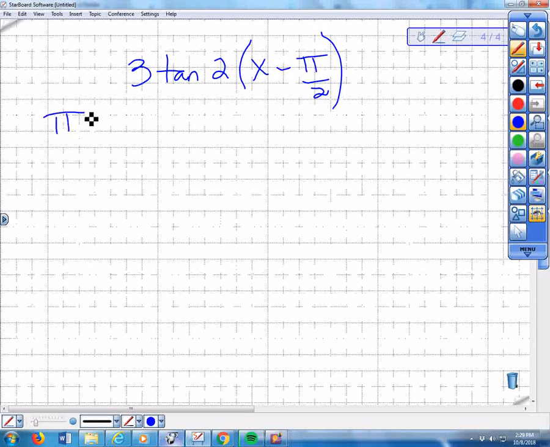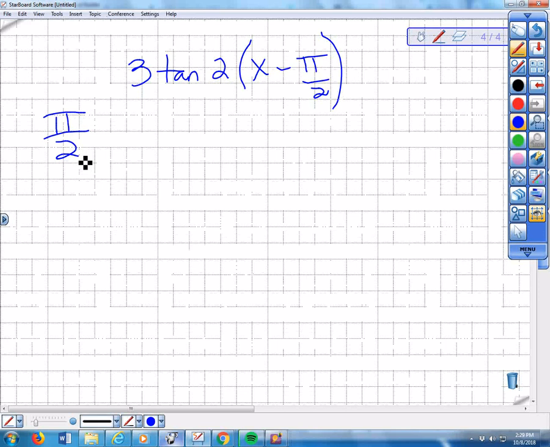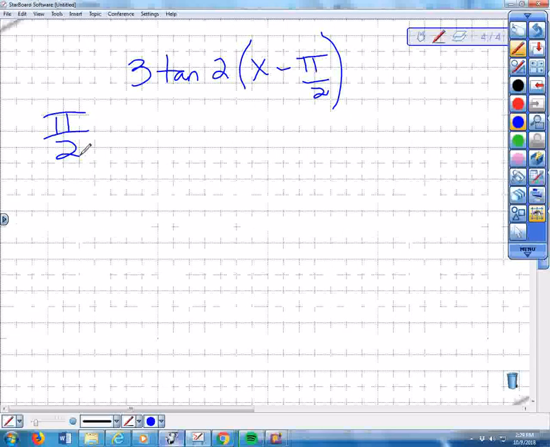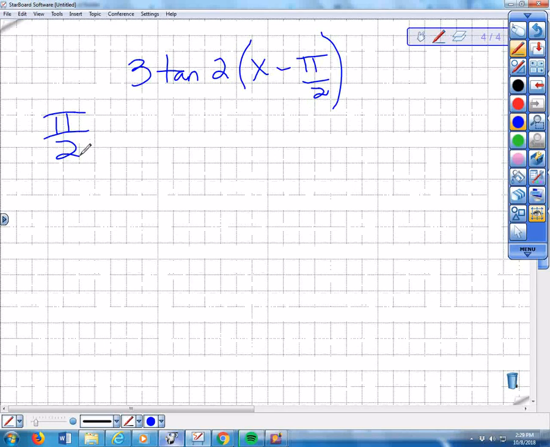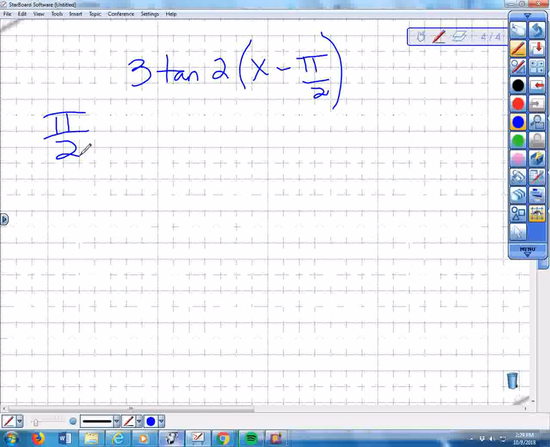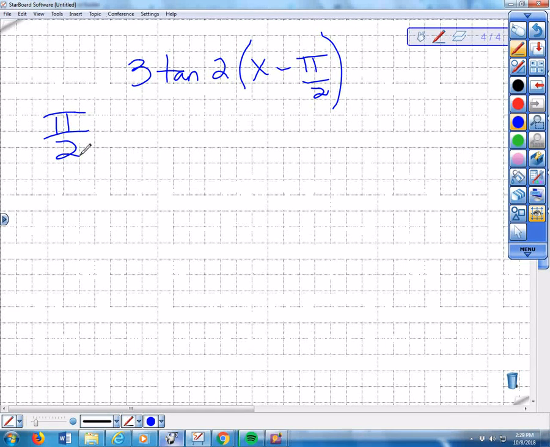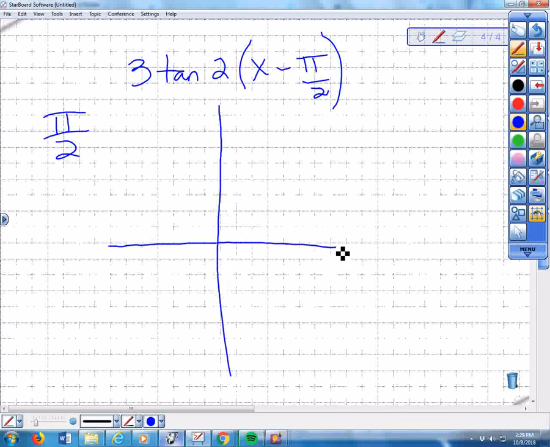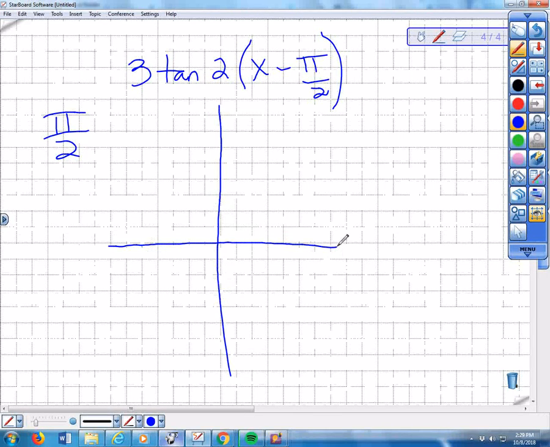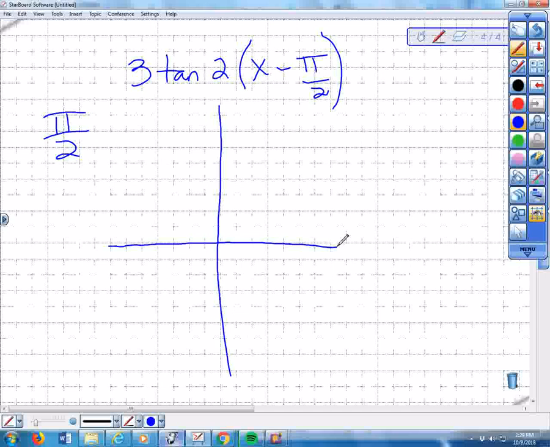The normal period is pi, so there are going to be more tangent graphs within the same amount of time. Okay, and then it's going to shift right pi over 2. The normal asymptotes for tangent happen when cosine is 0.